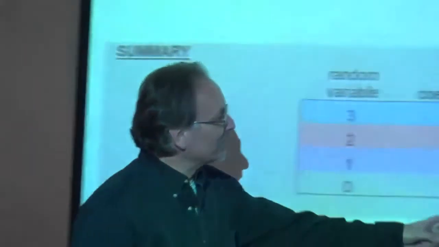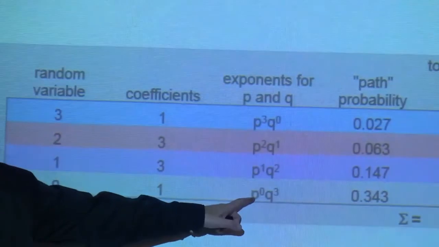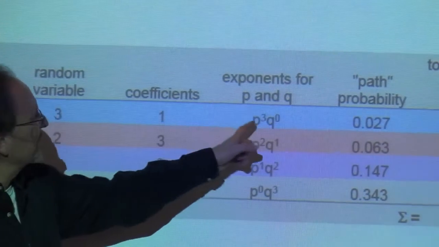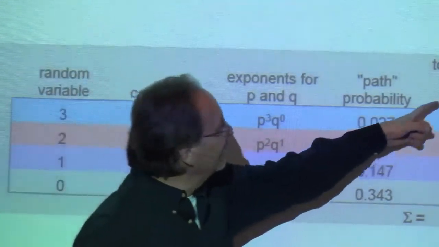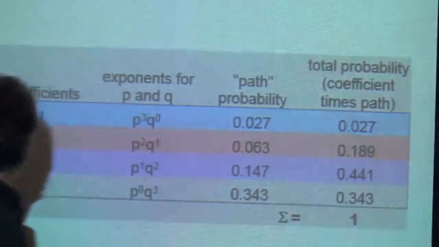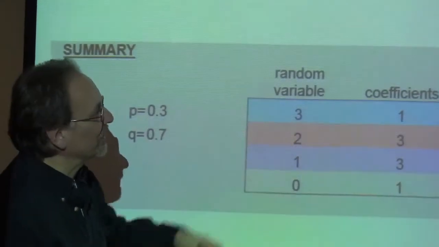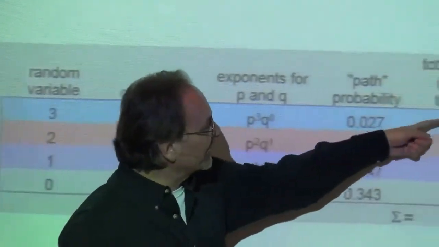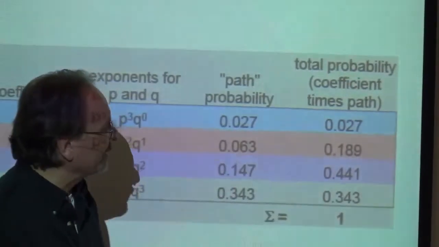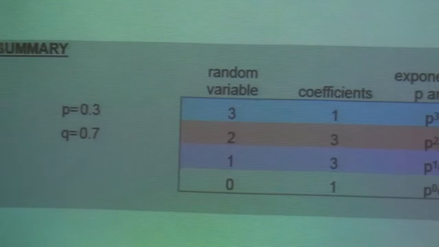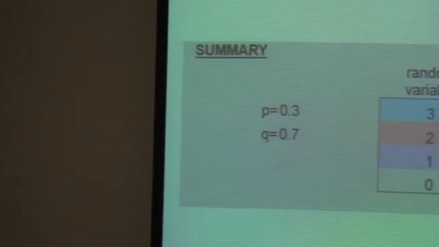This is where the exponents, p to the x and 1 minus p to the n minus x, come from. And then if we take the coefficients times the path probability, we get the total probability of getting 3 successes, 2 successes, 1 success, 0 successes. Those are the probabilities of each one of those, which add up to 1. Do you see how this is going towards the binomial theorem?